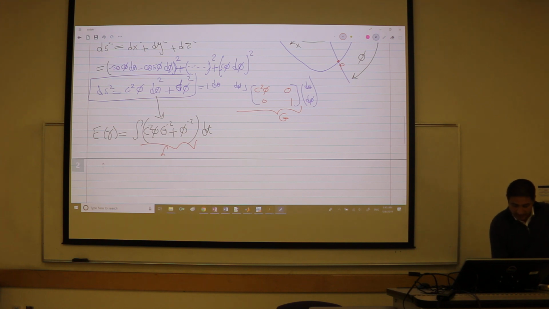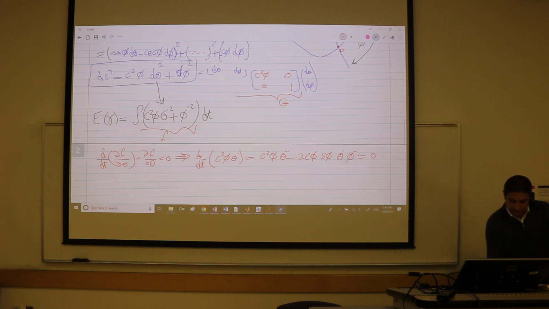So you have d/dt of partial L partial theta dot minus partial L partial theta is 0. This gives you whatever we get. What do we get? Something like cosine squared phi theta double dot minus 2 cosine phi sine phi theta dot phi dot equals 0.